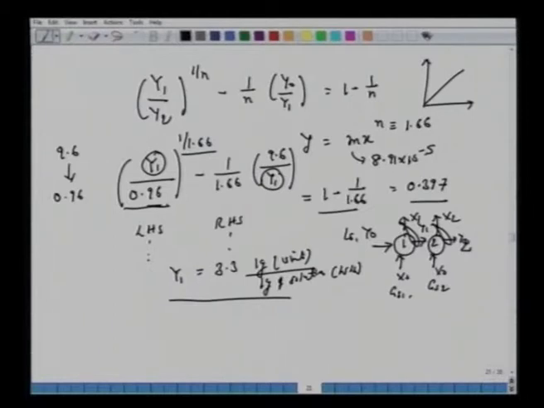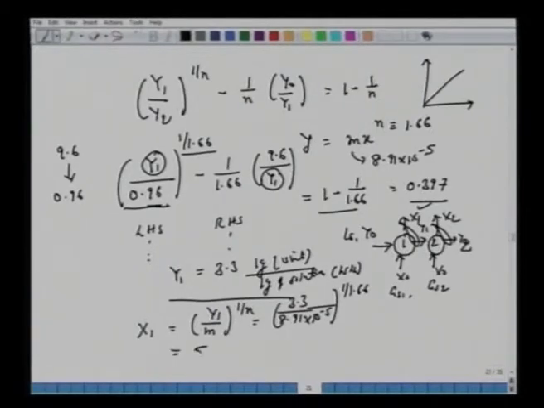To calculate GS1, we have to make a balance around this stage. We have to determine x1, but x1 is in equilibrium with y1, so we can write x1 as y1 over m raised to the power 1 over n. y1 we have calculated as 3.3 by iterations or some numerical algorithm. m is the slope of the Freundlich isotherm, which we fitted in our previous example through the equilibrium curve, with n equal to 1.66.